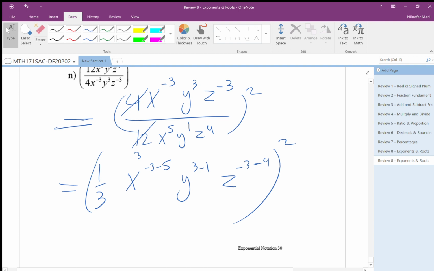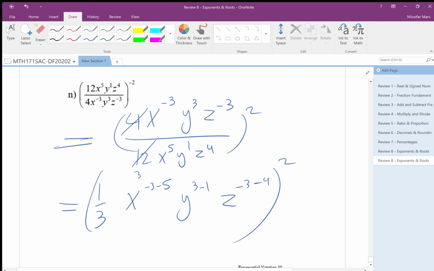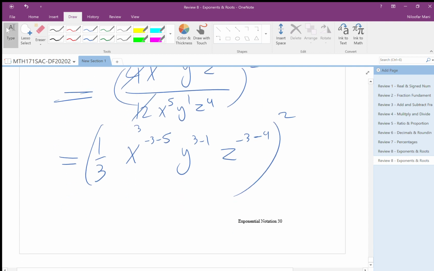So yes, this one minus 8, 2. So it is this, this, this, and this one power 2, which is 1 over 9 x power minus 16 y power 4 and z power minus 14.